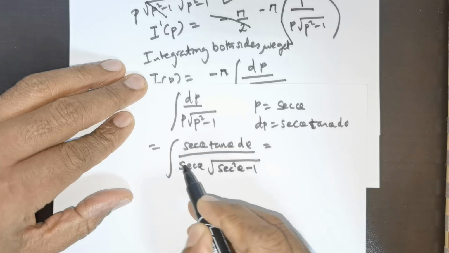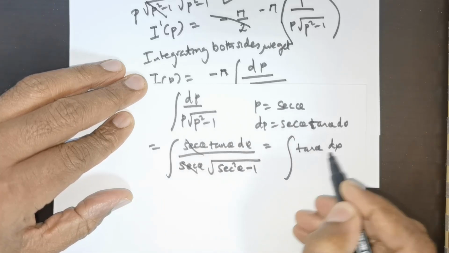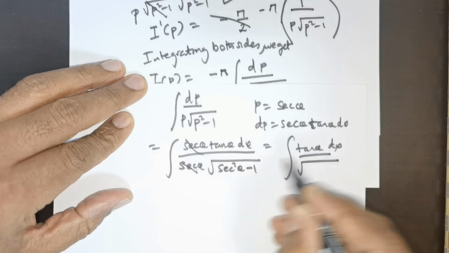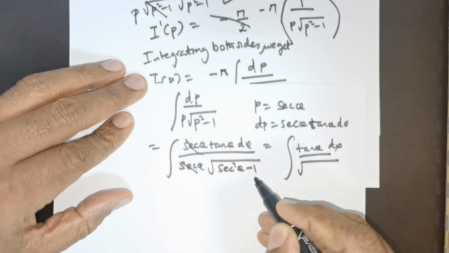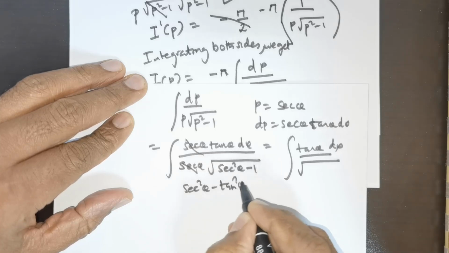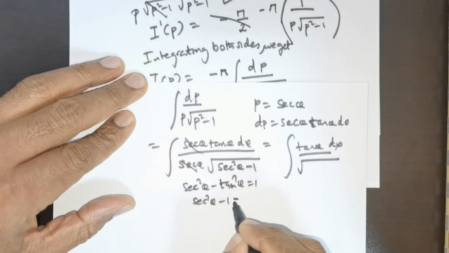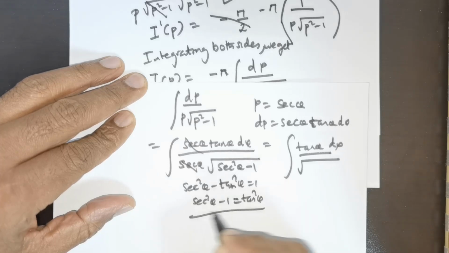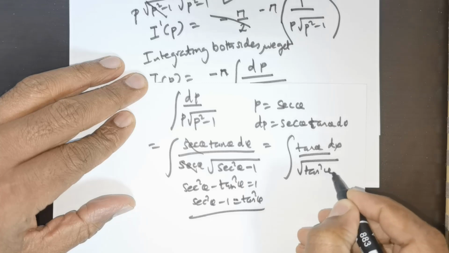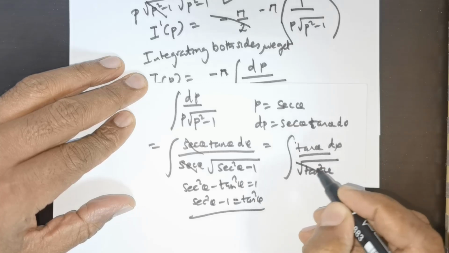Now this is equal to secant gets cancelled, giving me integral tan theta d theta. Now root of secant square theta negative 1. Now you have an identity, secant square theta negative tan square theta is equal to 1. So secant square theta negative 1 is equal to tan square theta. So you substitute that, you get root of tan square theta. So root of tan square theta will be tan theta.